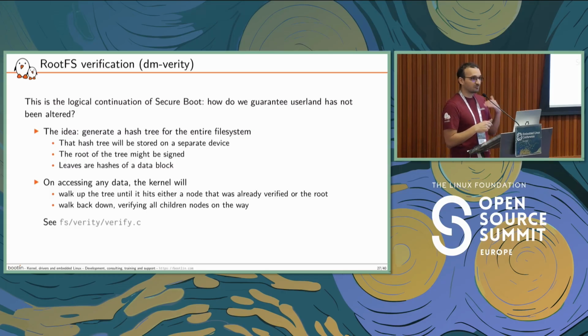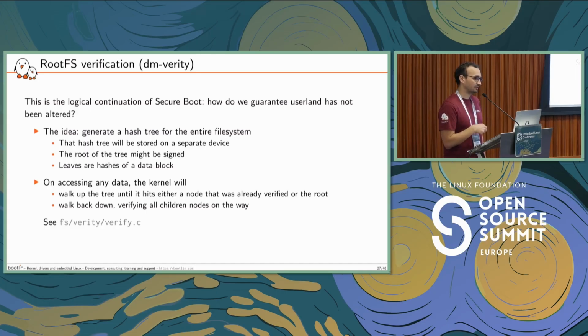Essentially, it's great. We've verified up to the kernel that we're running what we expected to run when we made the system. How do we make sure that userland is still fine? And the problem here is that userland is huge, at least compared to the kernel. For most systems, it is big.